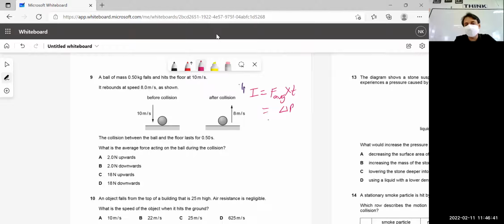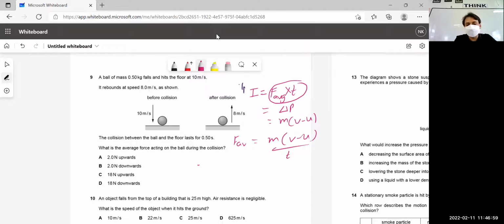Delta P, we already know, is m(v minus u). So I need to calculate the average force here. I will use this part: F average is given by m(v minus u) divided by time.